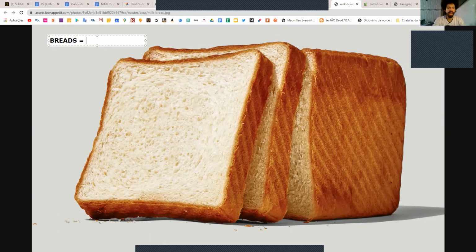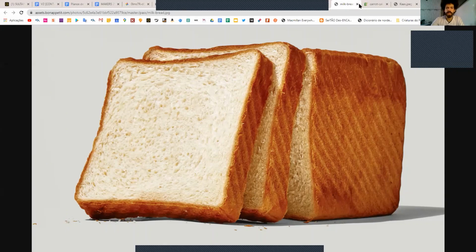We use breads to talk about types of bread. So we have three breads. One of them is with grains, another is with sausage, and the other is with garlic and pepper. There are three types of bread. There are three breads. That's how we use plural for bread.